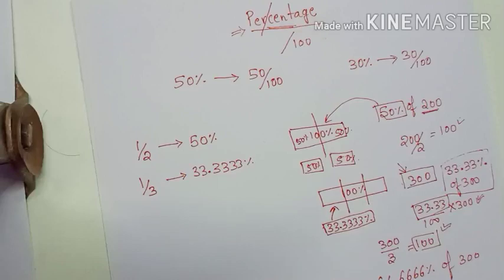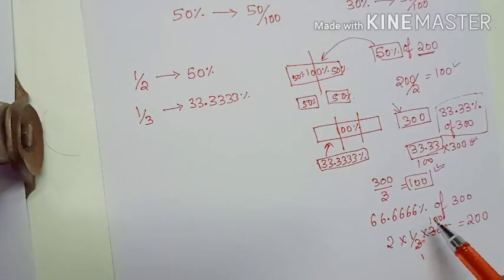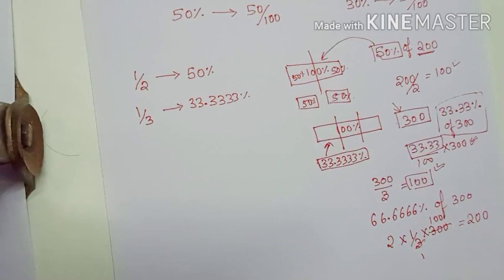So 2 times 33.33, that's why I have taken 1 by 3 into 2, so into 300, right? So 3 1 times 300 times, so 100 into 2, which will be equal to 200. So 66.666%, sorry, 66.666% of 300 will be 200. Hope you guys are getting this, right?